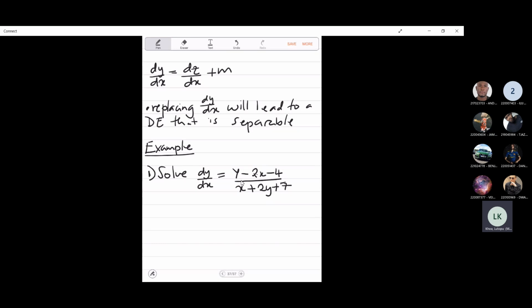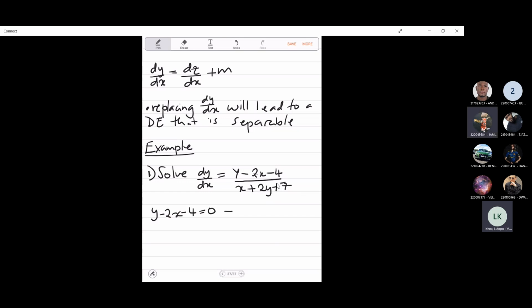So what I need to do instead is equate the numerator to 0, denominator to 0, and then check, do they have the same gradient? That means, are they parallel or not? Okay, so we have y minus 2x minus 4 is equal to 0.